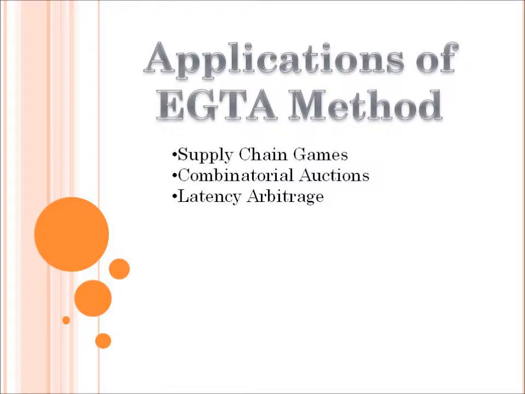The final example is latency arbitrage, where financial agents try to exploit arbitrage opportunities that arise from hardware latency effects. So, as you can see, all of these scenarios are fairly complex and cannot be analyzed using traditional mathematical methods. And that is the advantage that EGTA affords us.